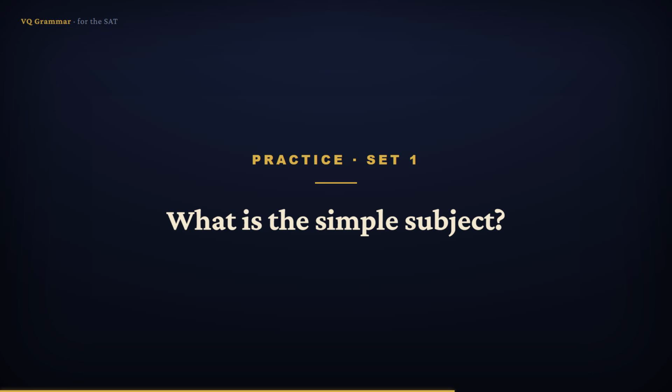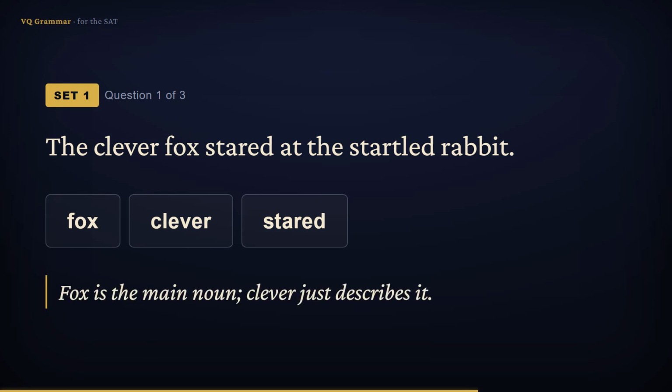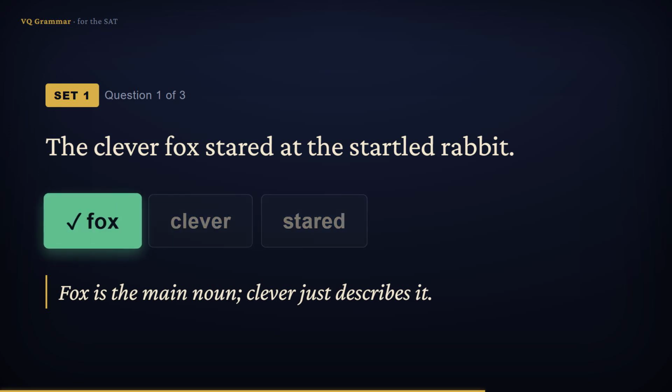Let's practice. In each sentence, pick the simple subject, the main noun, not its modifiers. Pause and try before I answer. The clever fox stared at the startled rabbit. The main noun is fox. Clever only describes it, so the simple subject is fox.